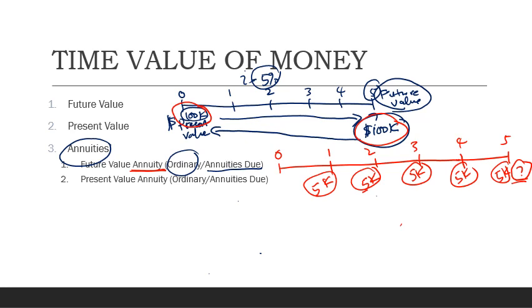Present value annuity, the opposite of it, is about how much money is required here. This is a present value annuity. Here is a future value annuity. What is the amount that is required for the time series to be able to disburse, say, 5k each year for 5 years?